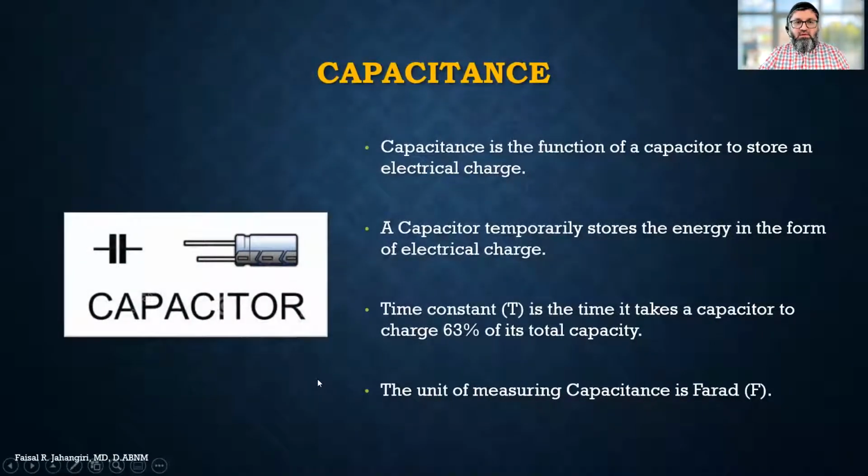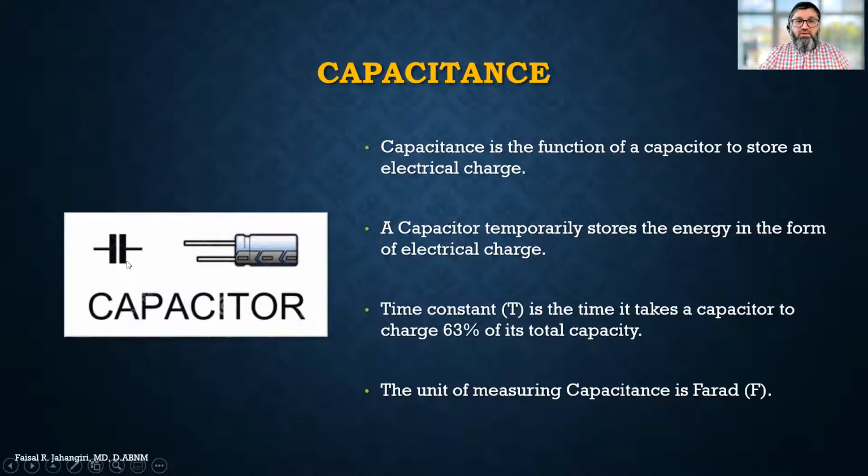So next is capacitance, and on the left side we can see the picture which represents the capacitor. It is usually drawn as a cylindrical structure with the two poles coming out, and in the circuit it is two plates not touching each other, facing each other.